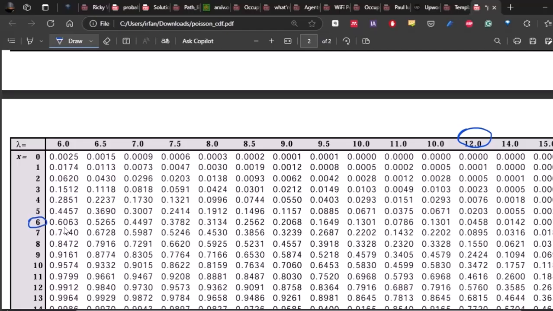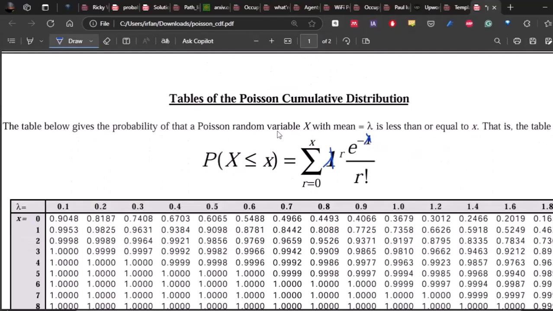So it will be here, and this is the value we can take, because it is the similar value. You can see that this is the value we have to find out, and this is the similar formula we have in this question.